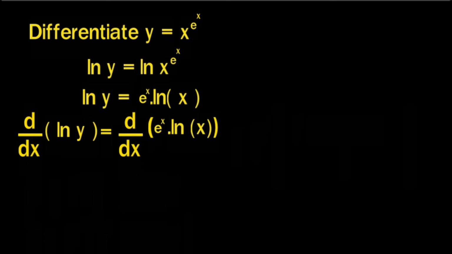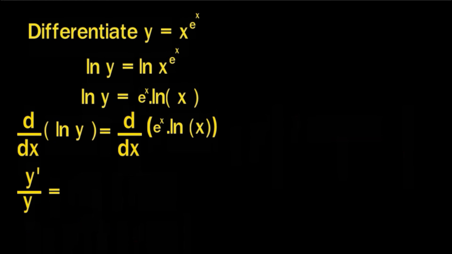We know that on the left hand side we should use the chain rule, so what you get will be y prime over y equal to, on the right hand side, we want to use the product rule. When you differentiate, you will get e^x times 1 over x plus ln x times the derivative of e^x, which gives back the same thing.